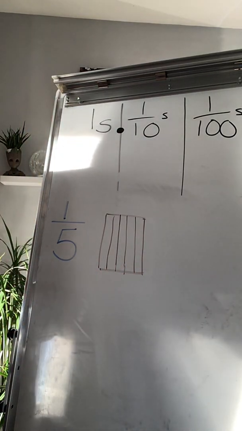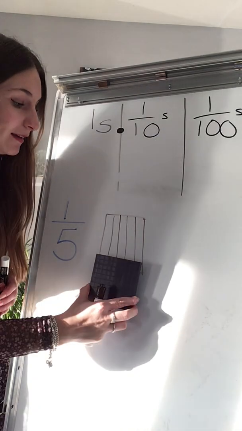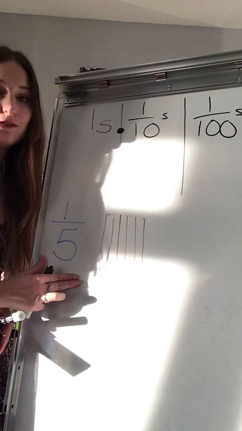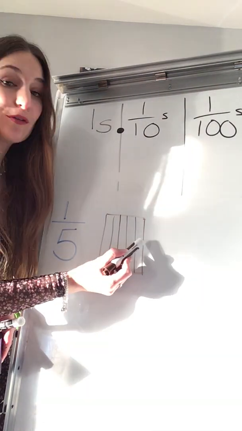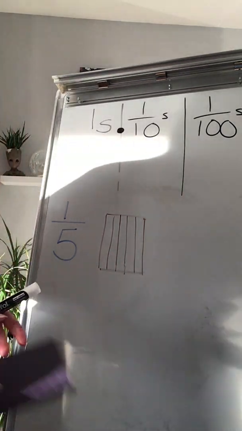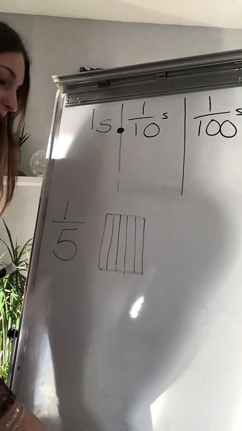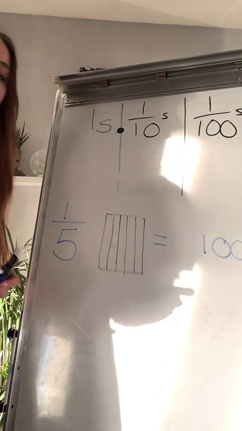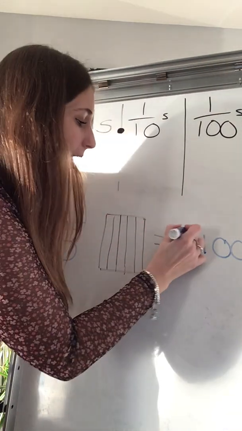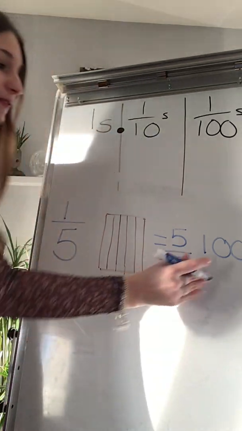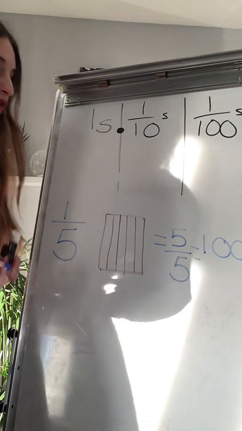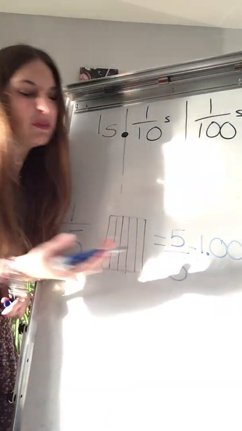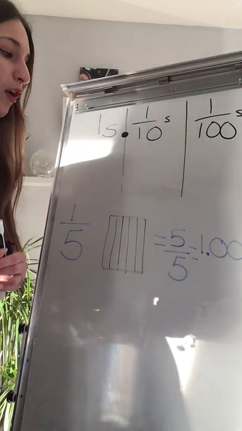So I have now got my whole, my 1, and it is split into 5 equal parts. 1, 2, 3, 4, 5. Then I know that to get a whole, 5 equal parts of them will be 1. It will be a whole.